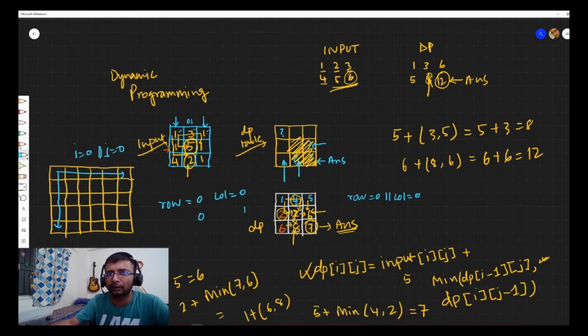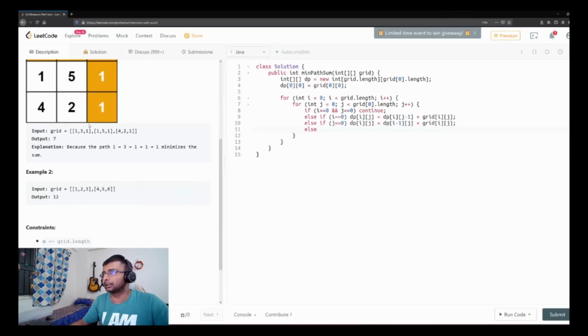Either of these will cover this part. And for the remaining part, we always have a choice: either we come from the left or we come down from the top. It is valid for any cell. That is covered in the else part.